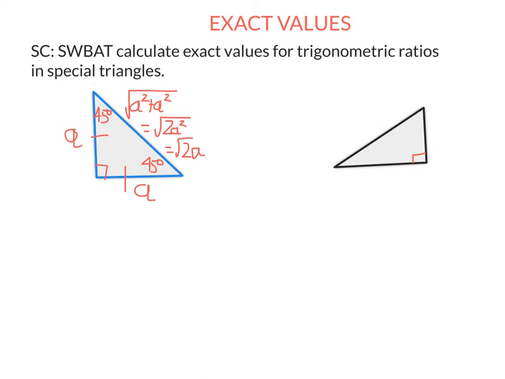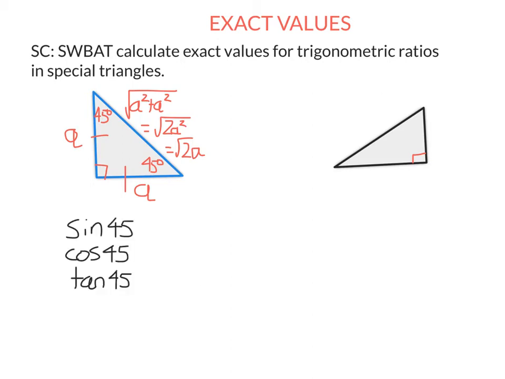So if the two shorter sides were both 1, then the longer side would be root 2 times 1, which is about 1.41. If each shorter side was 8, the longer side would be 8 times root 2, which is about 11.3. So this will allow us to calculate exact values for sine, cos, and tan of 45 degrees.